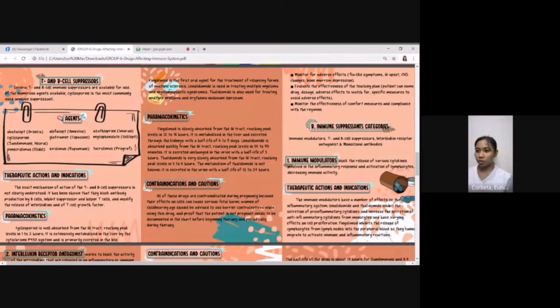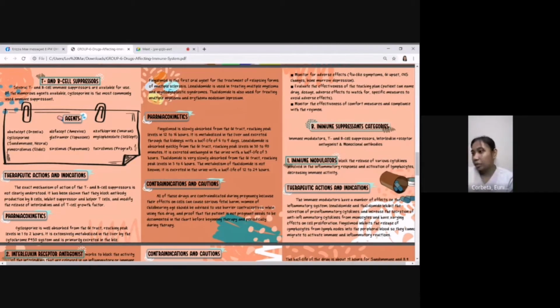The therapeutic actions and indications of immune modulators: they have a number of effects on the inflammatory system. Lenalidomide and thalidomide inhibit the secretion of pro-inflammatory cytokines and increase the secretion of anti-inflammatory cytokines from monocytes, and have varying effects on cell proliferation.